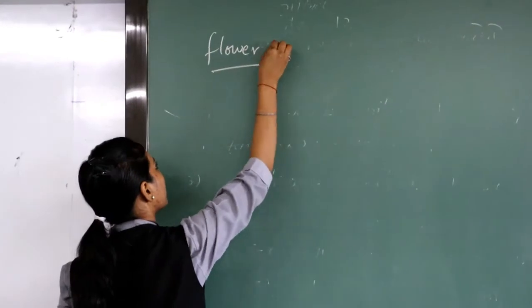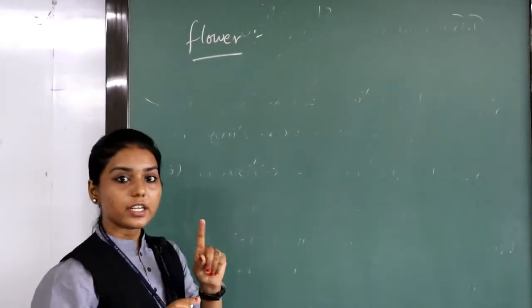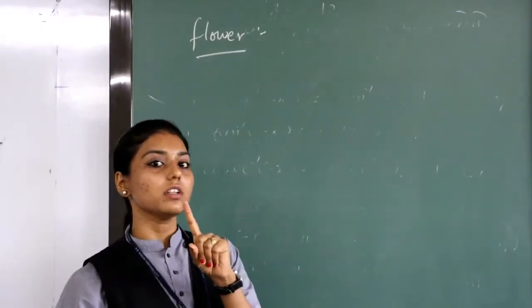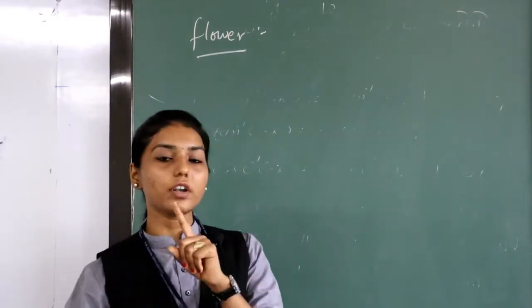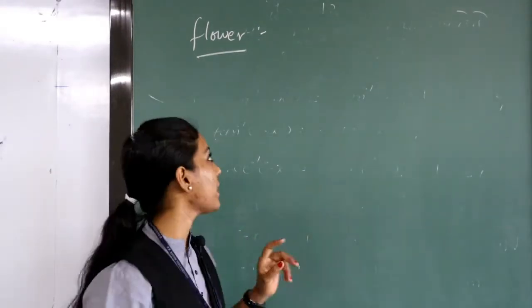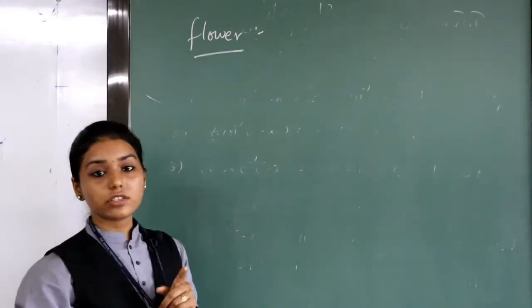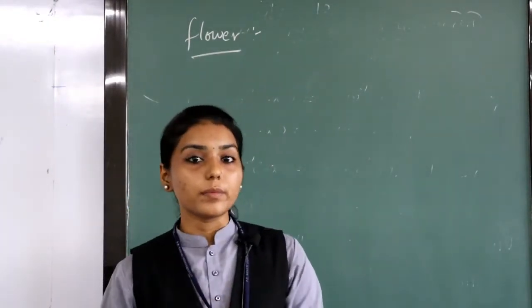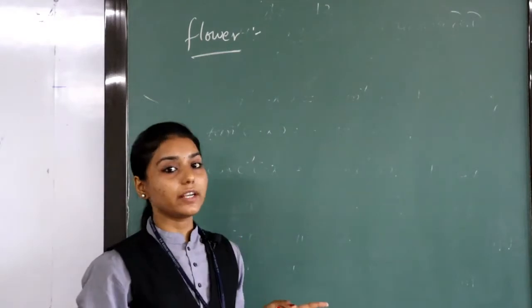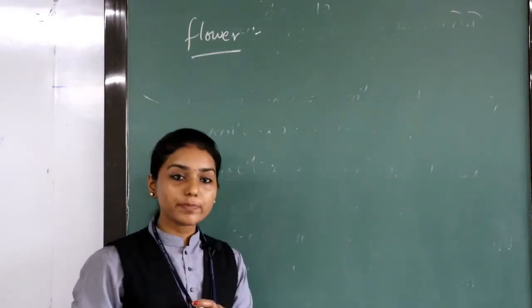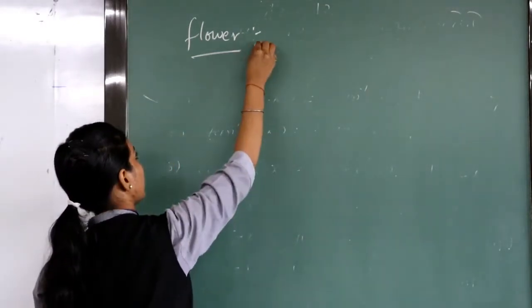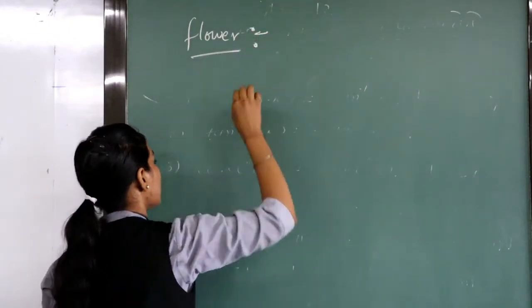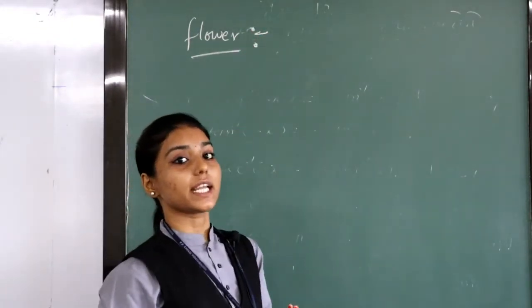So what is a flower? It is a sexual reproductive part or organ in a flowering plant. Flowering plants are also called angiosperms, and non-flowering plants are called gymnosperms. These basic terms you might have studied in 10th.